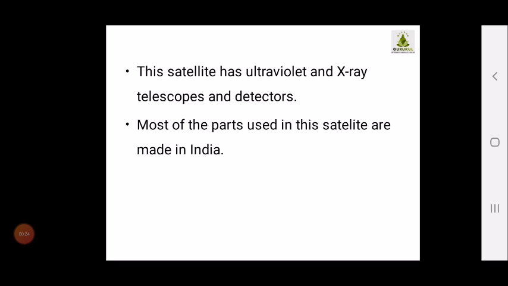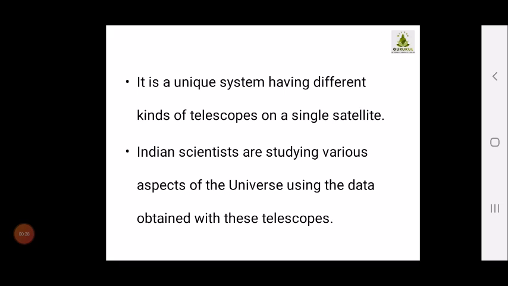Most of the satellite parts are made in India. Children, this satellite has a unique system having different kinds of telescopes in a single satellite. The Indian scientists are studying various aspects of the universe with the data obtained from these telescopes.